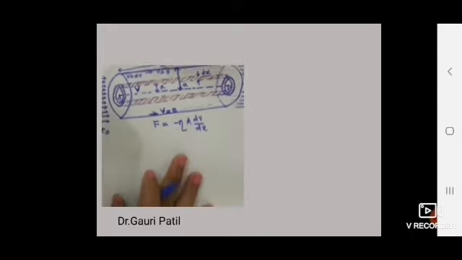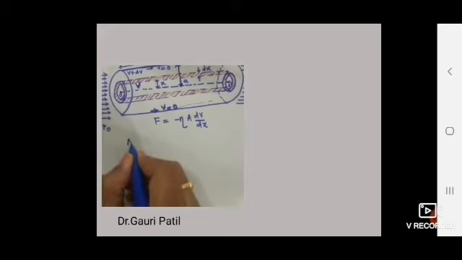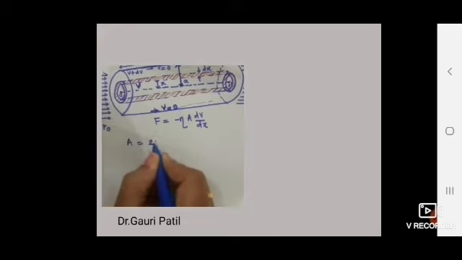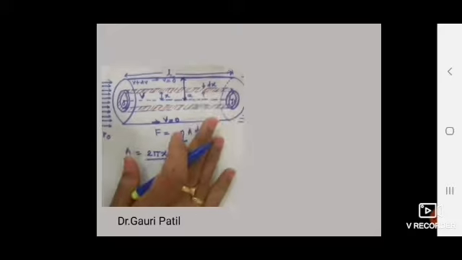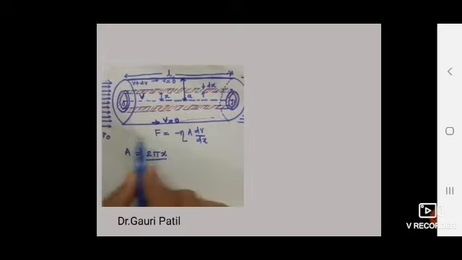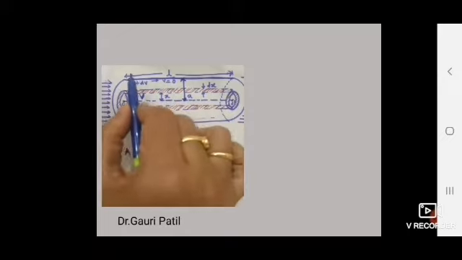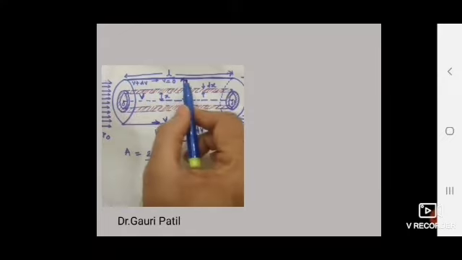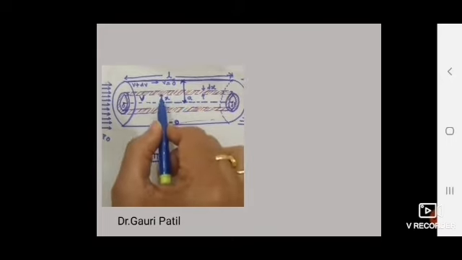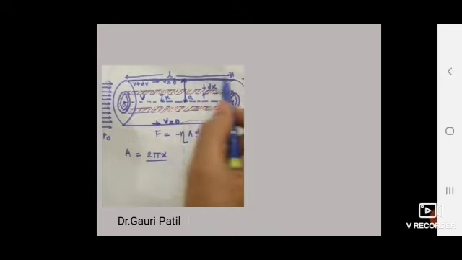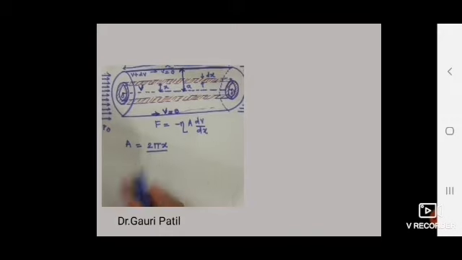Here A is equal to 2 pi x L, the area of the cylindrical layer of radius x and length L.